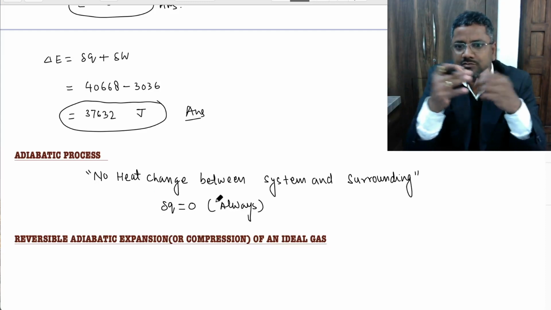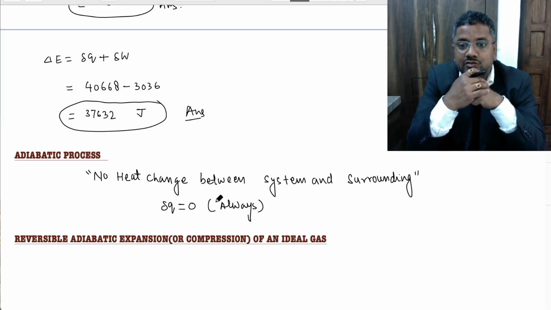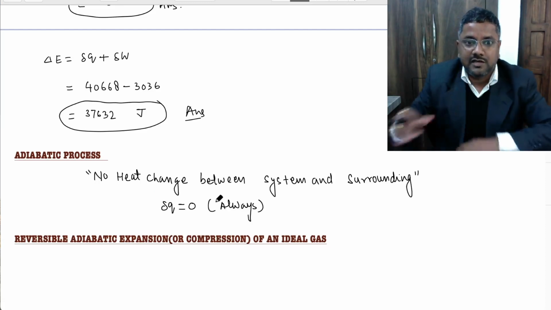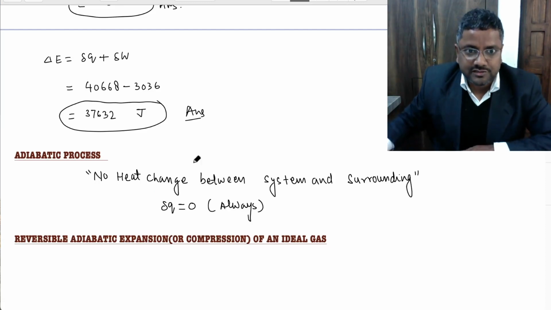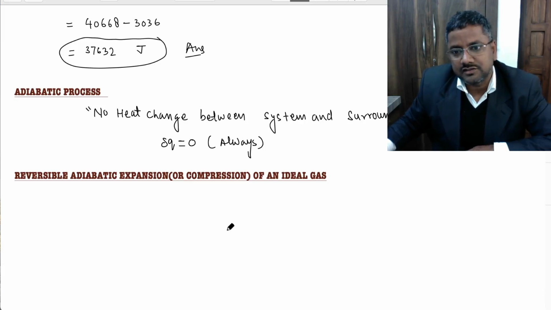So isothermal process we can easily achieve. But here in the adiabatic process, the temperature is not constant. Means whenever the process is going on, the temperature will change, right?